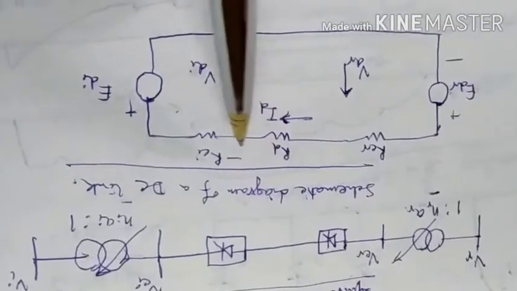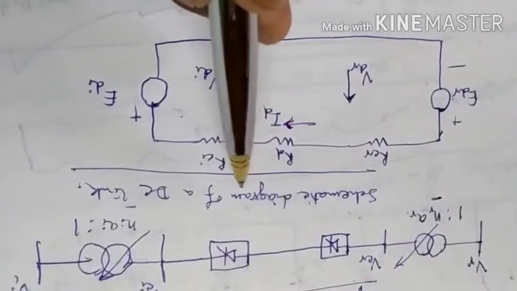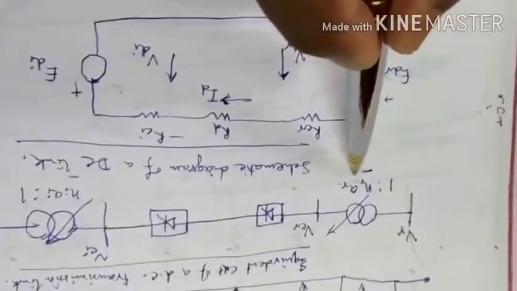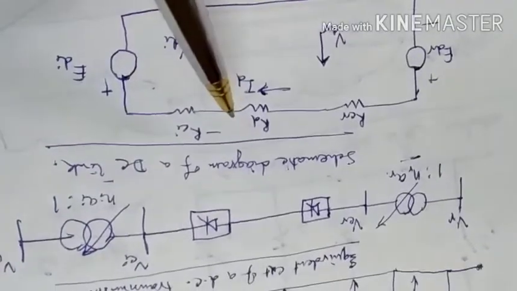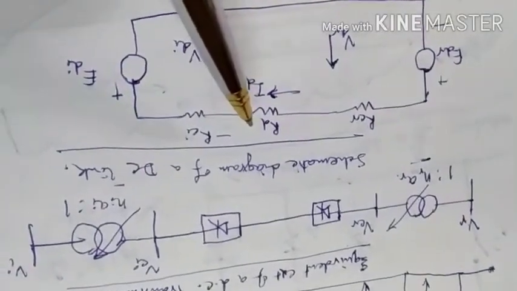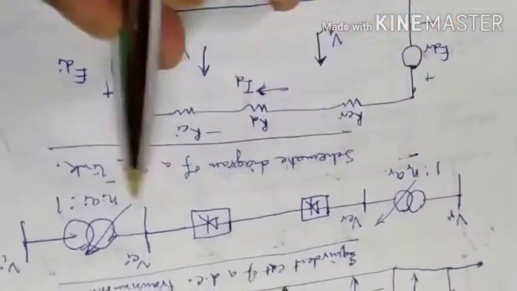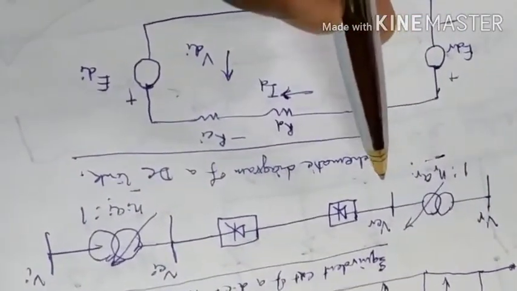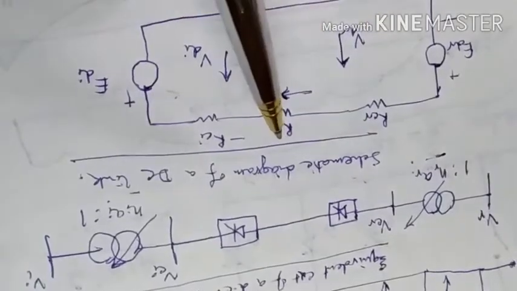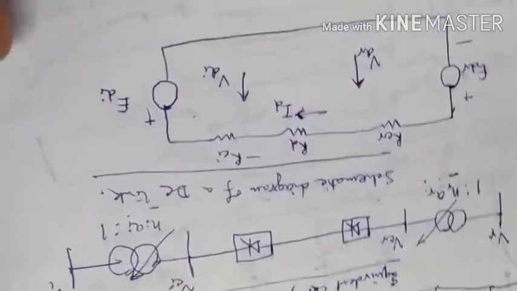This is the turns ratio of the converter transformer at the rectifier and the inverter. This is for the rectifier side, this is for the inverter side, and respectively AR and AI are the nominal turns ratios.